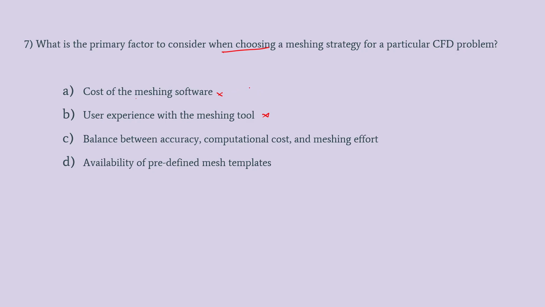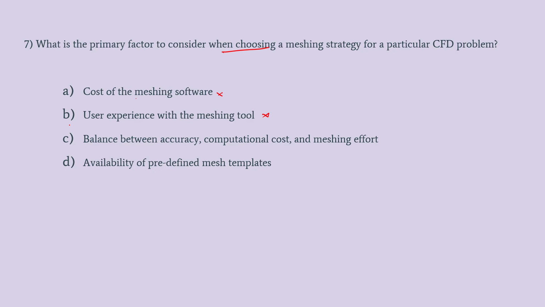So, why do we mesh our domain? Because to get a reasonably good solution for our CFD problem. So, our meshing strategy would be aimed at our requirement. That is, our requirement is reasonably good solutions.